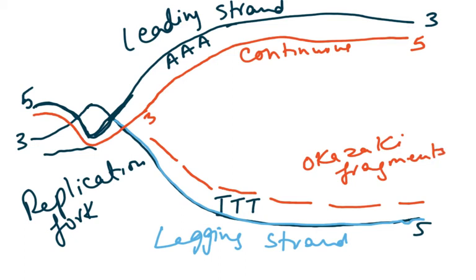And then of course we have an enzyme which is going to join them. The lagging strand, because it's made of chunks of DNA called Okazaki fragments, is called discontinuous.